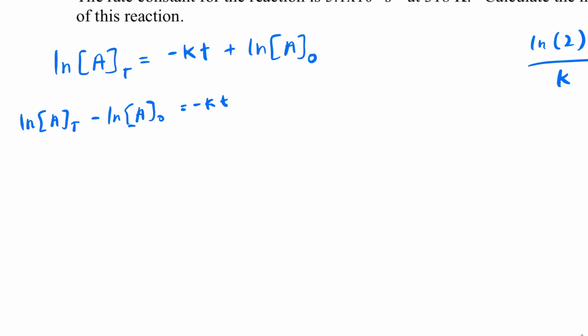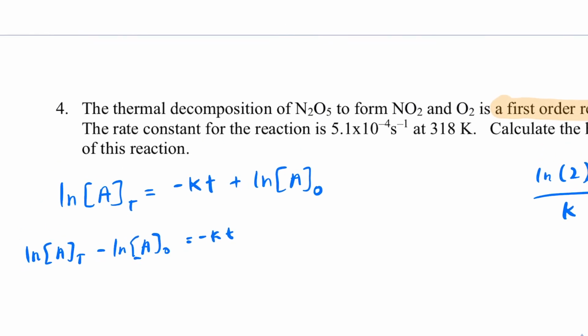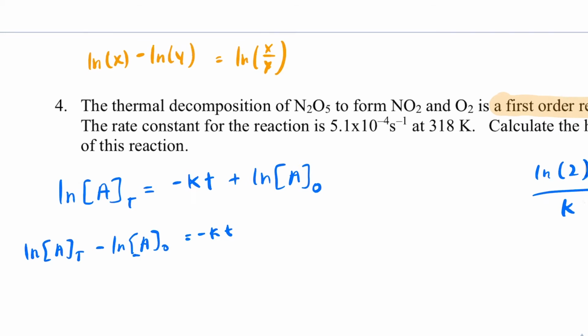Well, because we have two natural logs subtracted with the same base, we can make this into division instead using the natural log rules. So for example, the natural log of x minus the natural log of y is just equal to the natural log of x over y. So I'm going to be utilizing that in this particular problem.